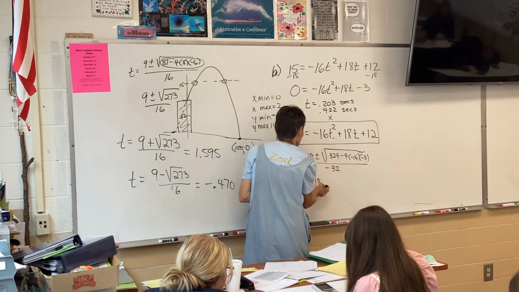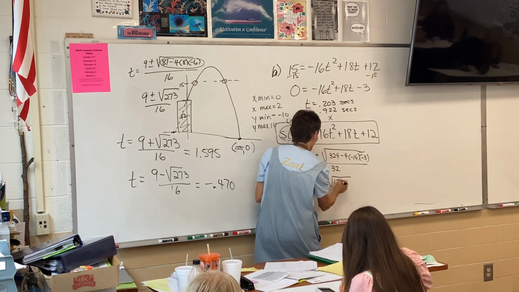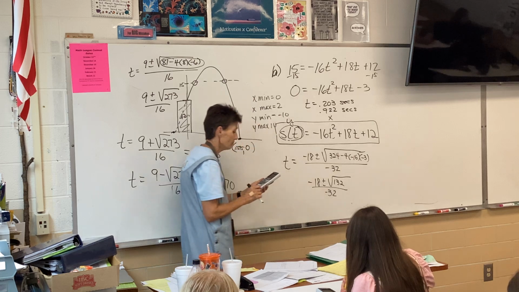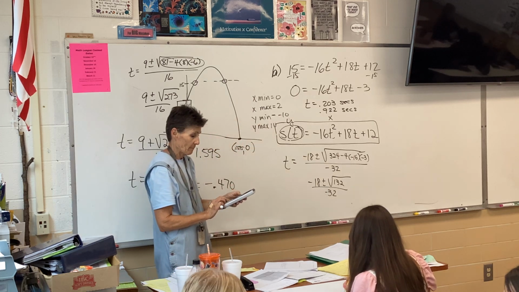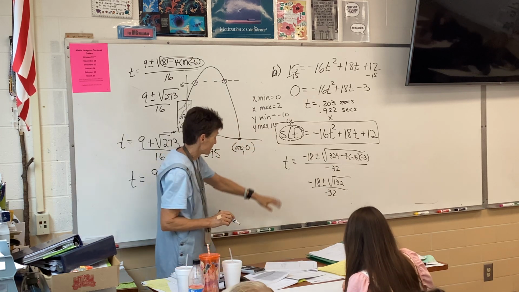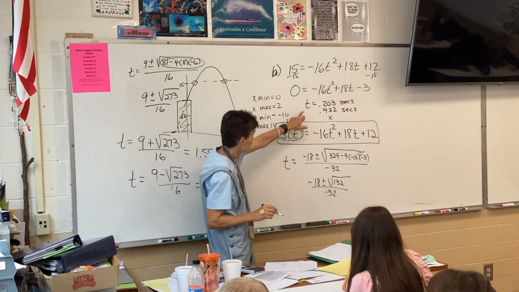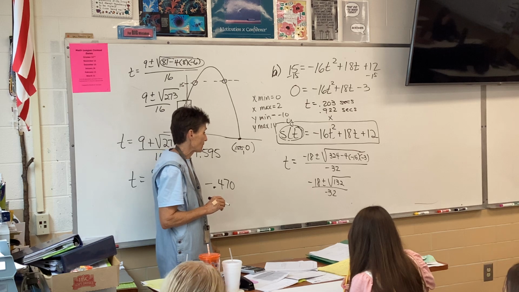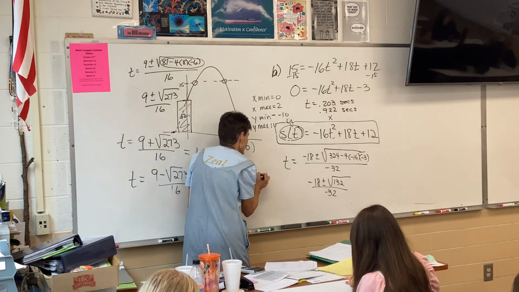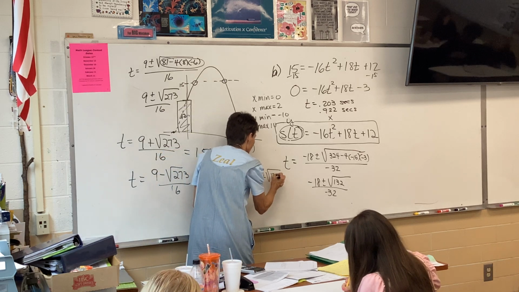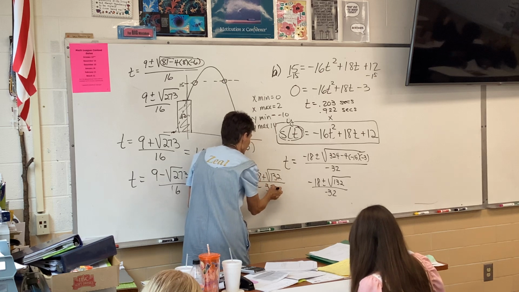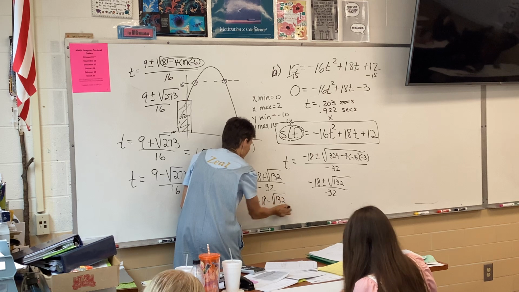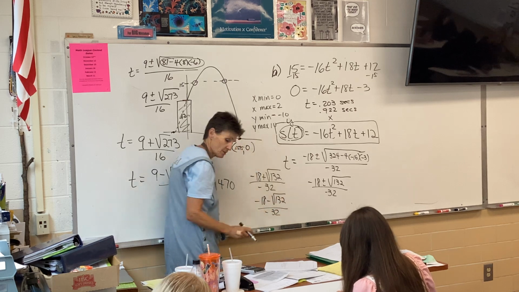So -18 plus or minus the square root of 132 over -32. I'm doing the same problem. I'm going to get the same 2 answers. I'm just doing the quadratic formula. So negative 18 plus the square root of 132 over negative 32, and negative 18 minus the square root of 132 over negative 32.